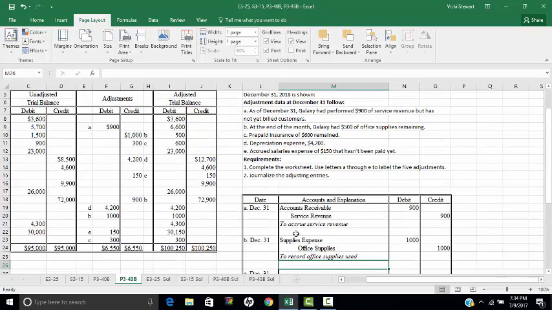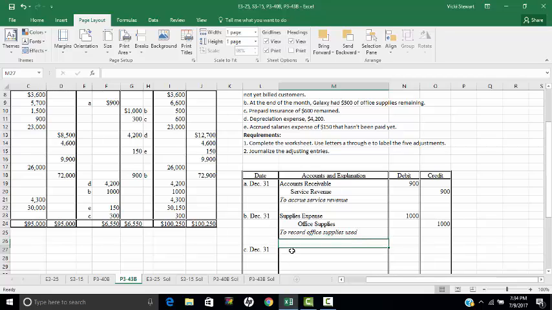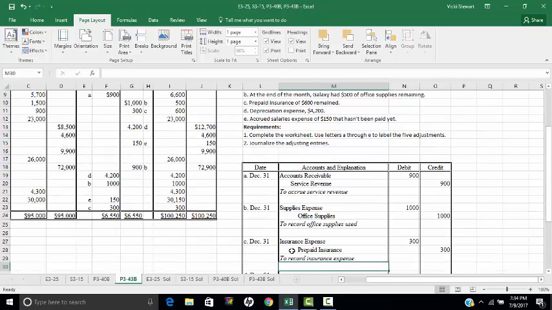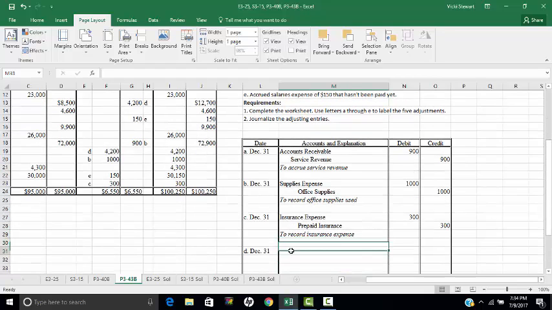The next entry was where we recorded the insurance expense. So we debited insurance expense for $300, and we credited prepaid insurance for the same amount. And we can just make an explanation of to record insurance expense. The next entry was the depreciation expense.